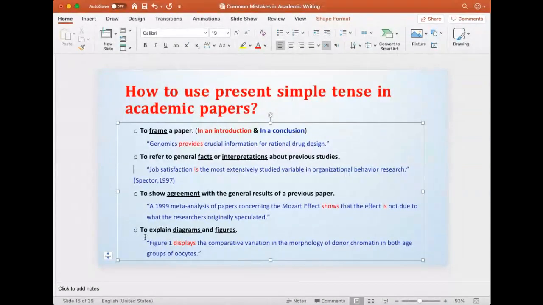And the last one here is to explain diagrams and figures. So notice that when you are in the data analysis section in your paper, when you want to analyze and describe the findings of your research, try always to use the present simple.